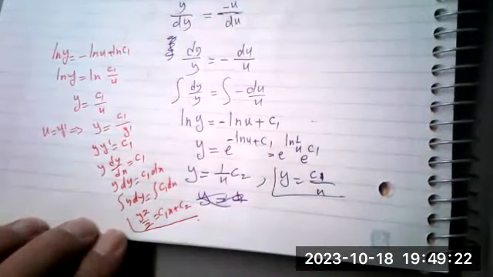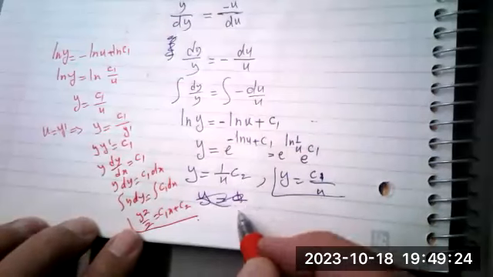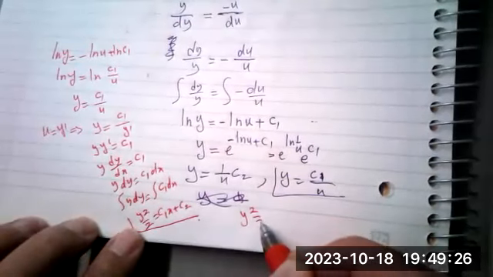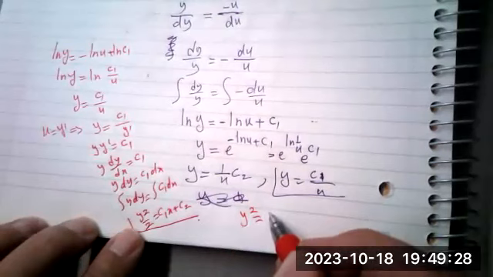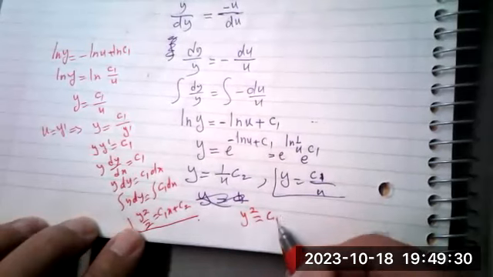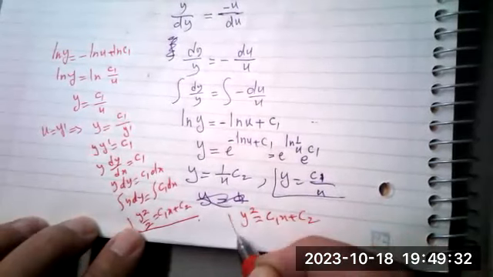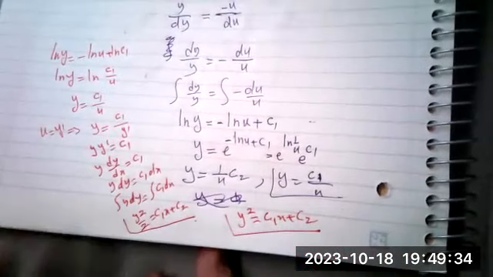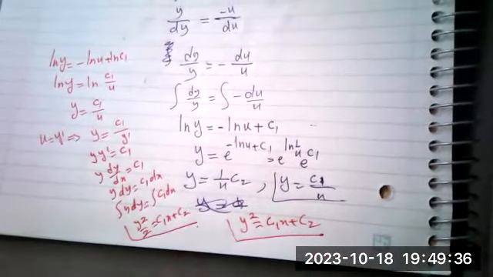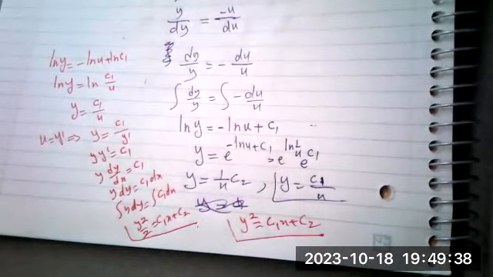So we can multiply by 2 if you like. So the final answer is y squared equal to, again, C1x plus C2. So that gives you the solution of the equation when you write it down.